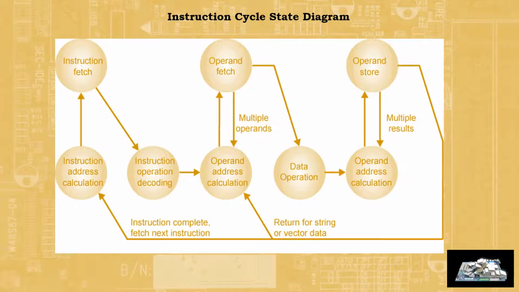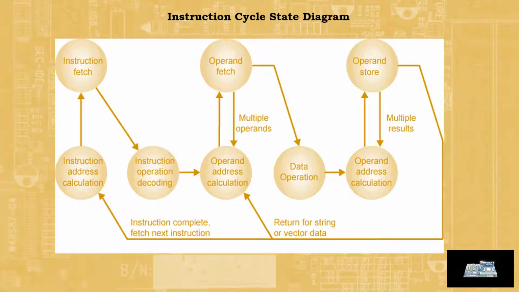Now let's see the instruction cycle state diagram. The figure represents the instruction cycle state diagram. Instruction address calculation, that is IAC, determines the address of the next instruction to be executed. Instruction fetch reads the instruction from its memory location into the processor.